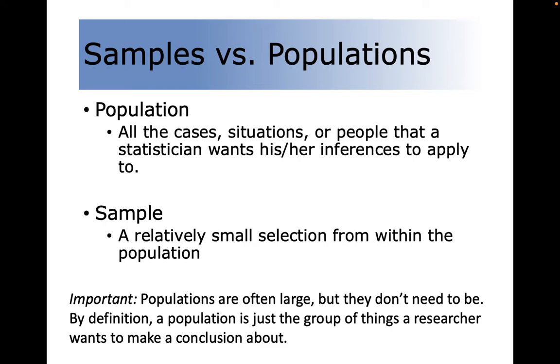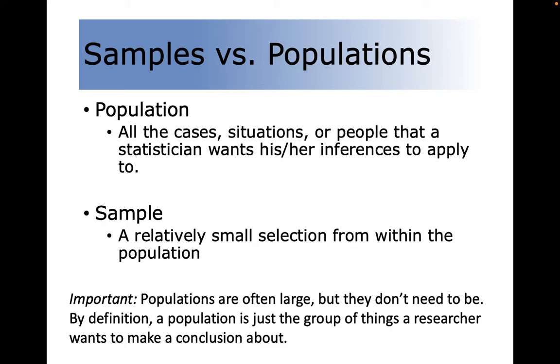That doesn't necessarily mean that all populations need to be big. Indeed, it really just depends on who or what the researcher or statistician wants to make generalizations about. It could be the case, for example, that a professor is only interested in understanding the characteristics of a particular class.